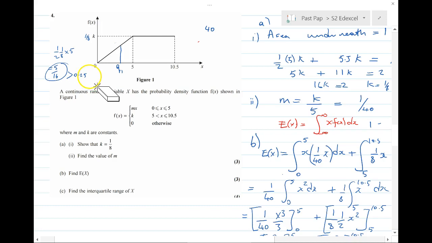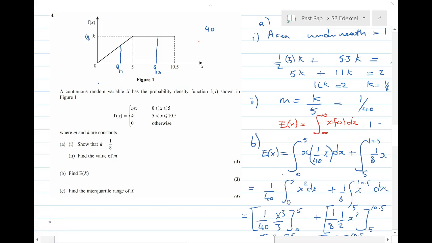It also tells us, which we might suspect anyway, that Q3 would be in here because 5 over 16 is also less than 0.75. So I've done that just so that we can see where it is and what rule we're working with. Okay, so I'm going to do this graphically.